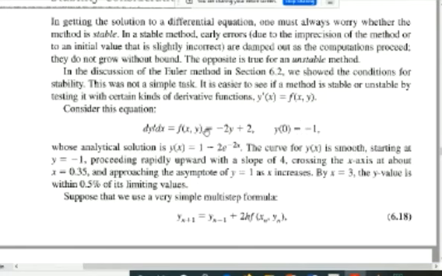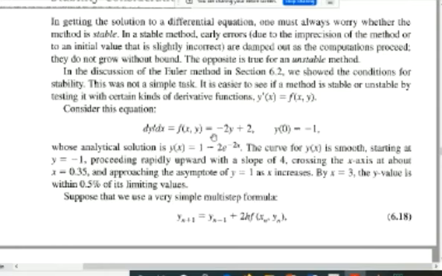We want to show the issue of instability or stability related to this problem using the simple multi-step formula.